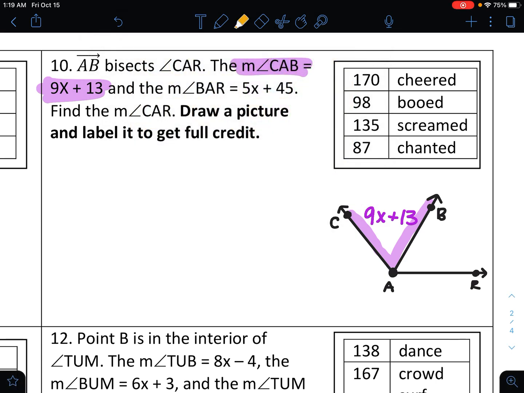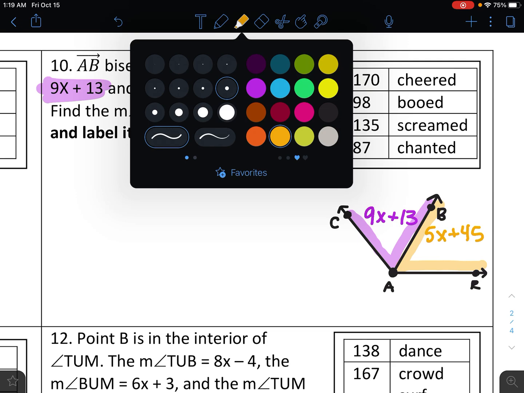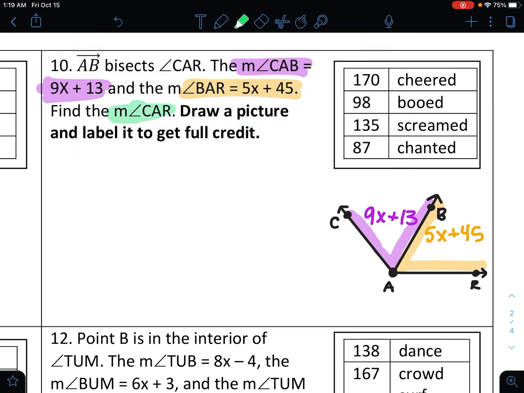And then BAR, 5x plus 45. All right, and then we need to find CAR. CAR is the whole thing. So use a different color for that. So that's CAR. So that's the whole thing. So that's what we have to do.